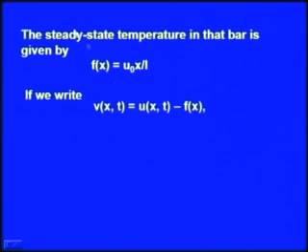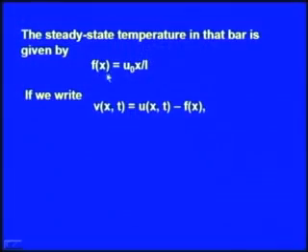do is that when the bar comes to the steady state, in the steady state the rate of change of u with respect to time is 0, that is ∂u/∂t is equal to 0.